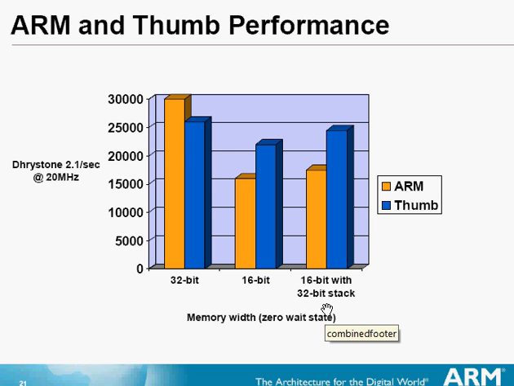So see, in 16-bit memory, Thumb code is better. It gives good performance.